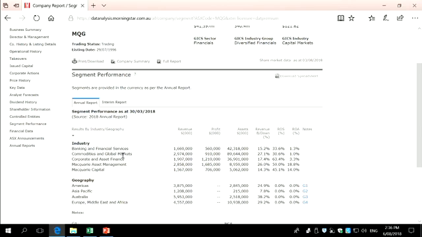So when you try to forecast in separate business units, you will very likely introduce more errors into your forecast model. So for Macquarie, we probably will prefer forecasting the company as a single business unit instead of several business units or several geographic business units.